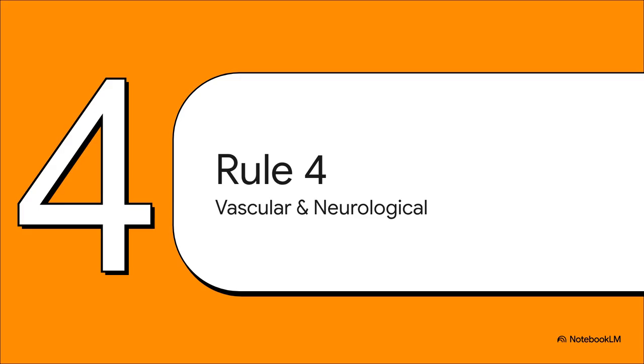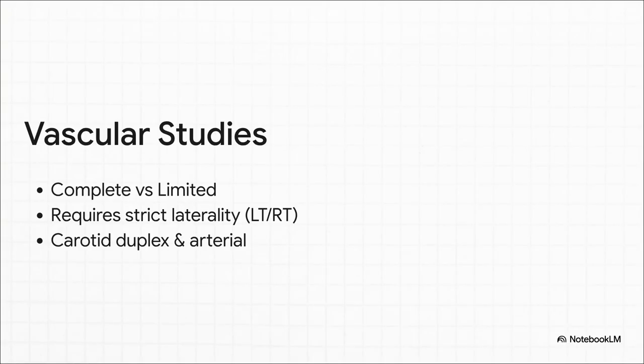Which brings us to Rule 4, vascular and neurological services. When coding non-invasive vascular diagnostic studies, like a carotid duplex, you need to watch out for two huge exam triggers. First, complete versus limited. A complete study means every single vessel listed in the code description was evaluated. If even one is missing, you have to drop down to the limited code.